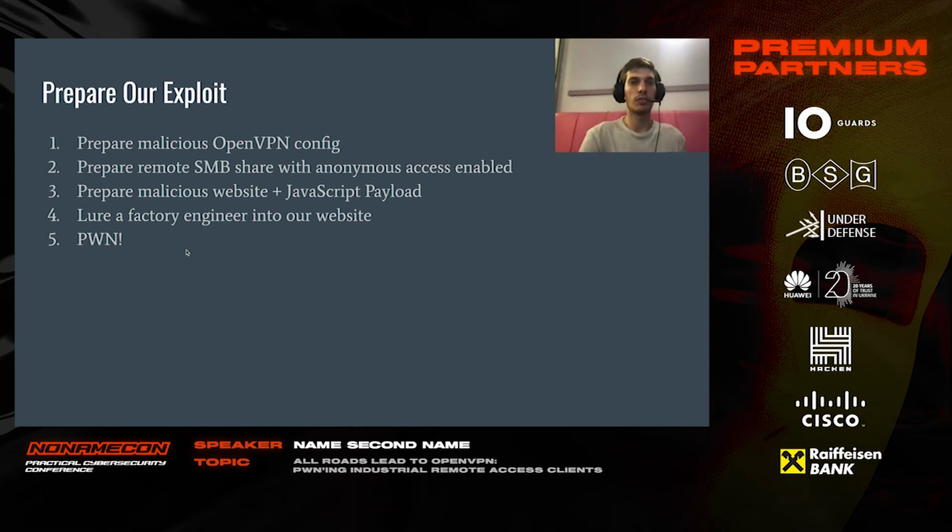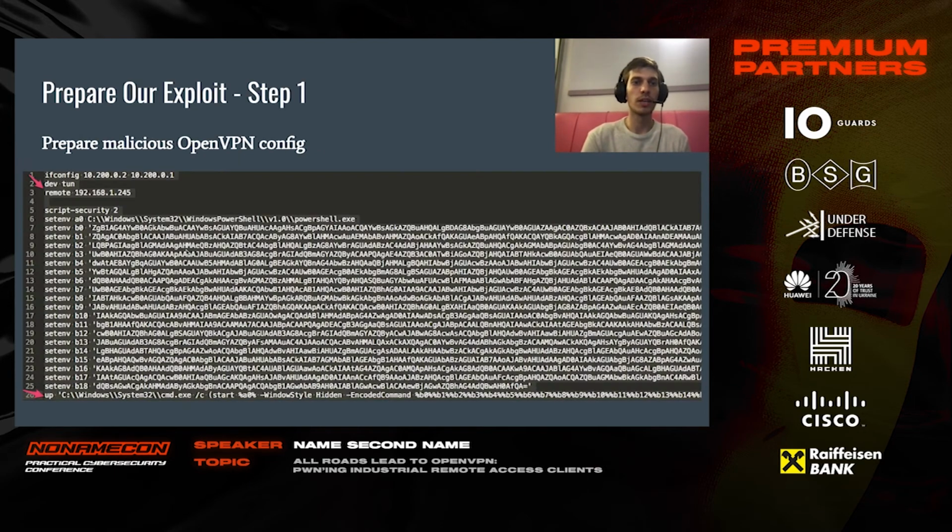So let's see all the different steps. Let's start with number one, preparing a malicious OpenVPN config. So this is how we prepared our config. Basically what we have here is a very simple config with this command. And this command starts a reverse shell. So we can see here the up directive at the bottom. On line 26, you can see the up directive with our command.